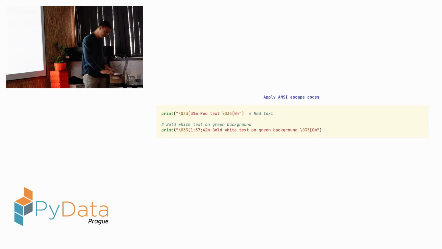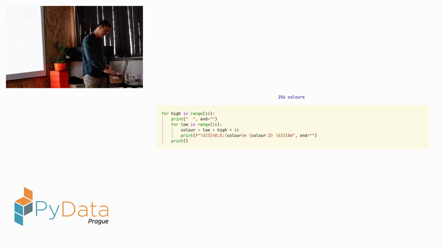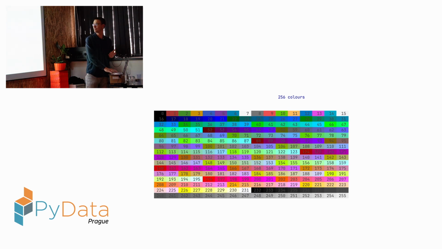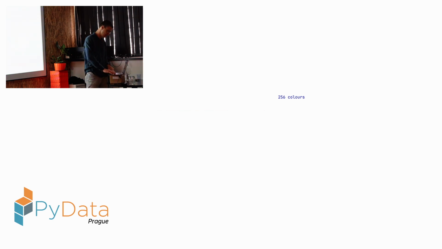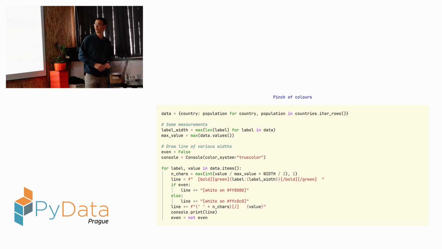So probably you don't want to do that. You can even use that to create all those 256 colors that you have, or you can use the true color. But for that, I really recommend using some libraries.